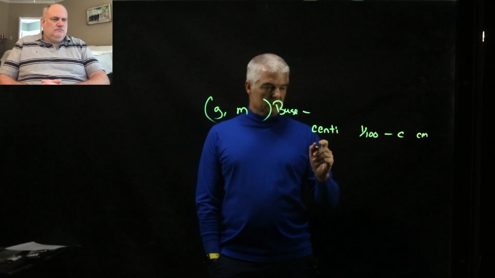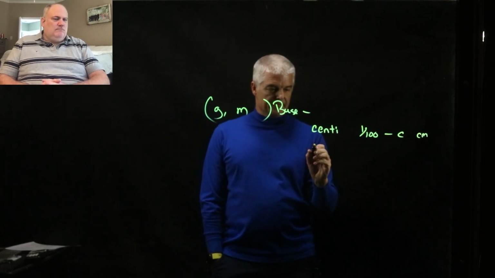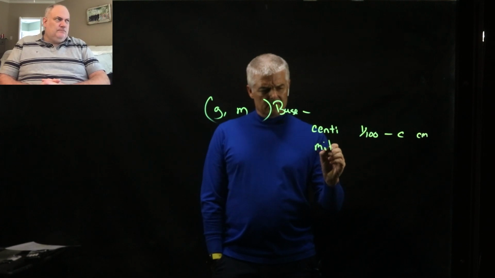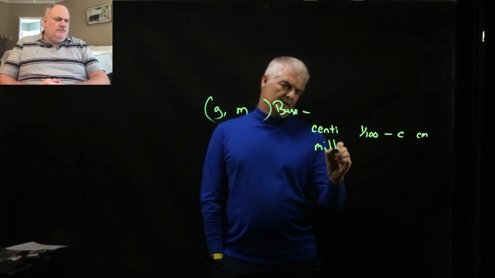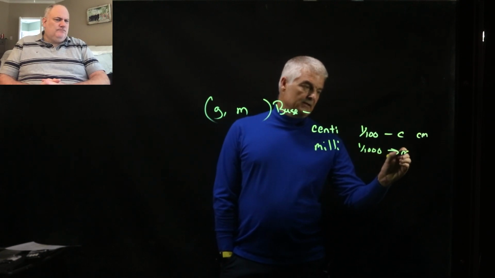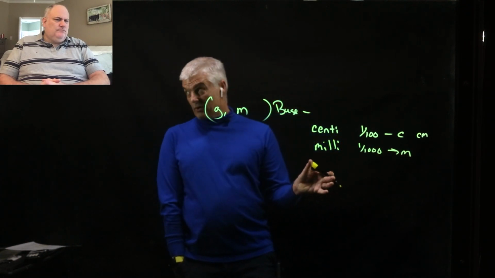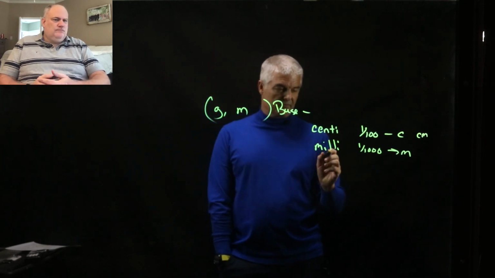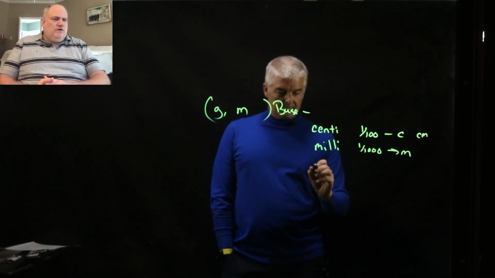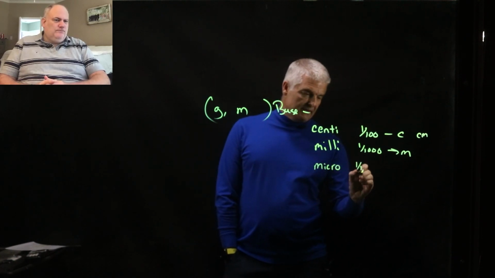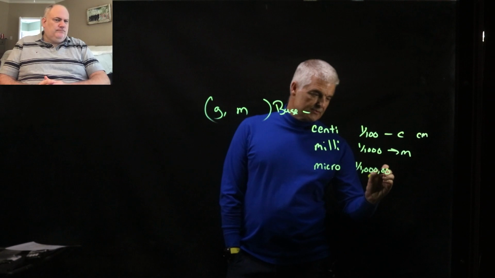What gets smaller than centi? Milli. That's double L, I believe. Milli is 1/1000th, and it's a little m. They can get even crazy small. In chemistry land, we do get things that are super crazy small. The next level is micro, which is 1/1,000,000th, so six zeros.